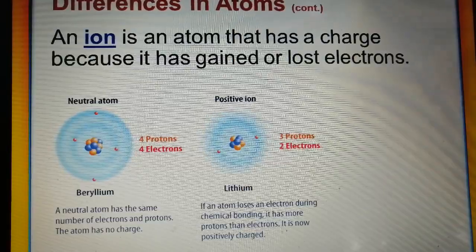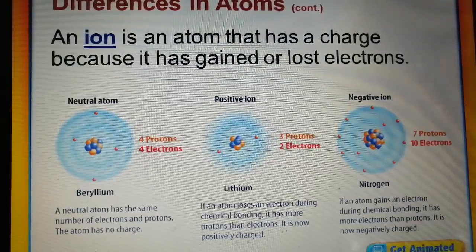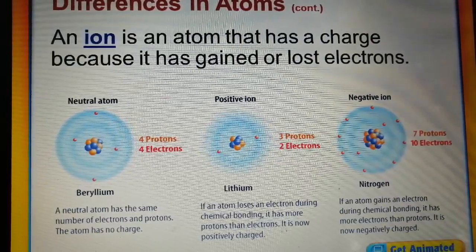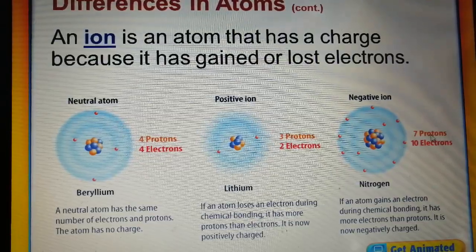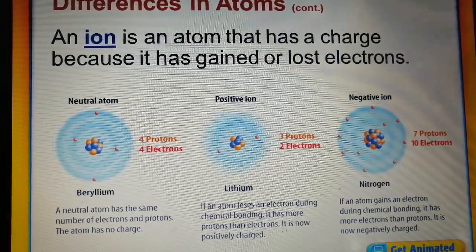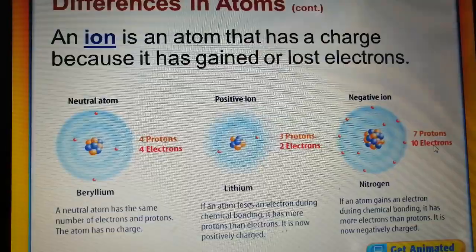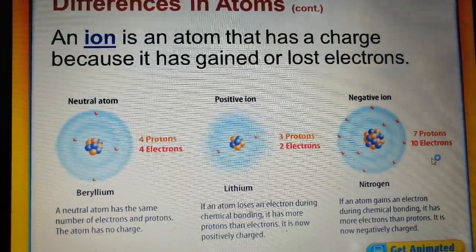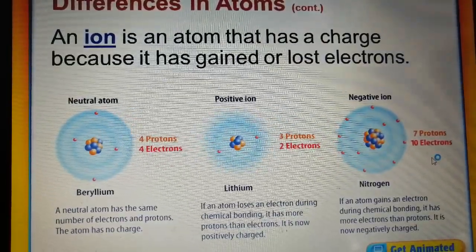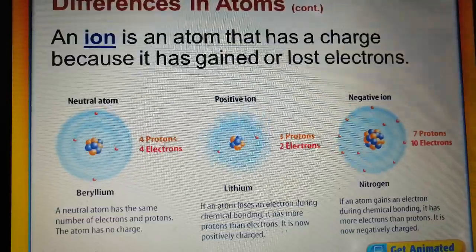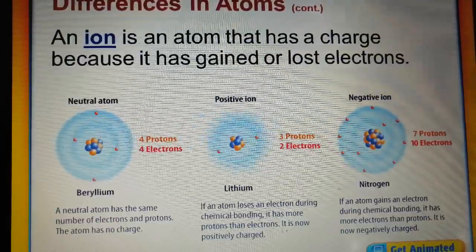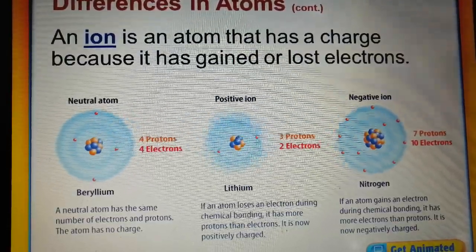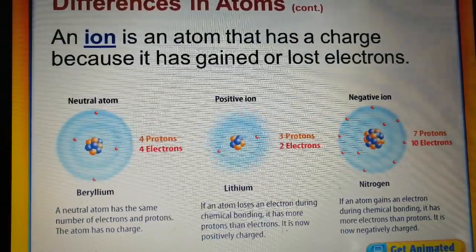So this is called a positive ion. Number 2, negative ion. Here we have 7 protons, 7 positive charges, and 10 electrons, 10 negative charges. So this is called a negative ion because the number of negative charges is more than the number of positive charges.